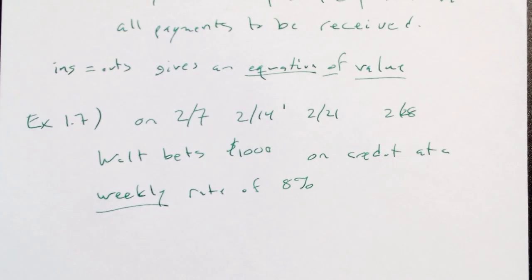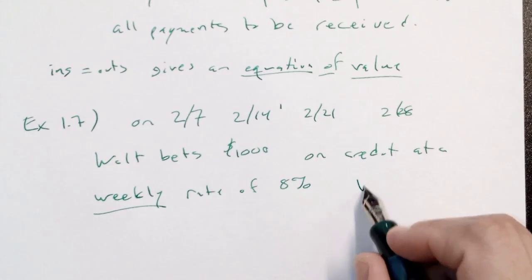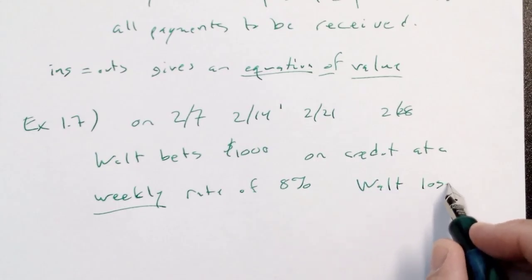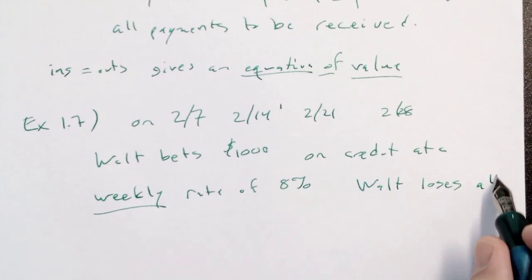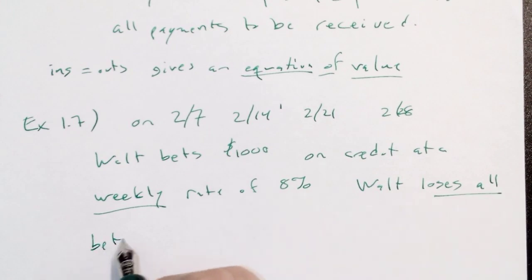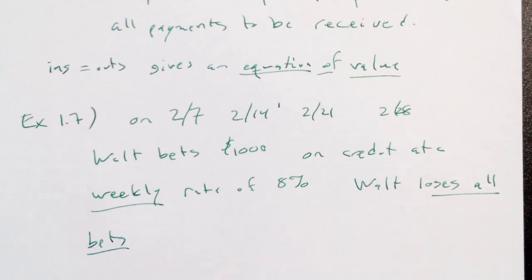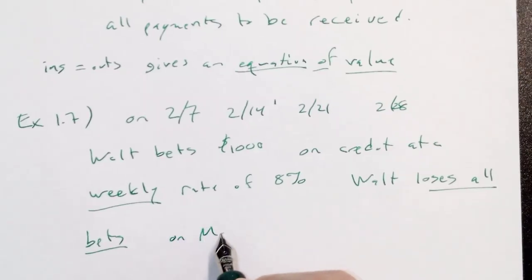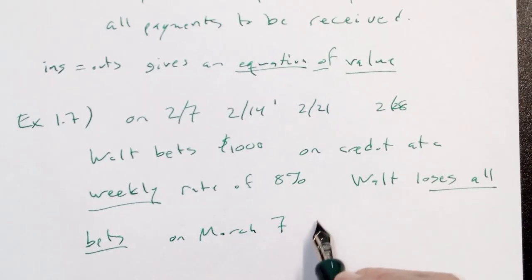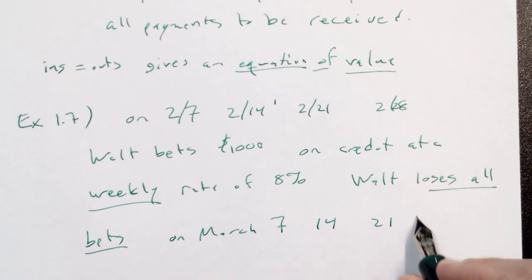Unfortunately for Walt, he's not a good gambler. He loses all the bets. So he goes to his bookmaker and says, I agree, I will pay you all of the money back on March 7th, 14th, and 21st.